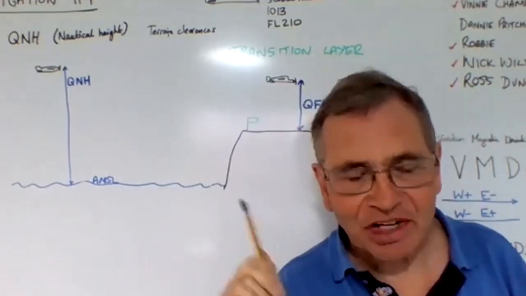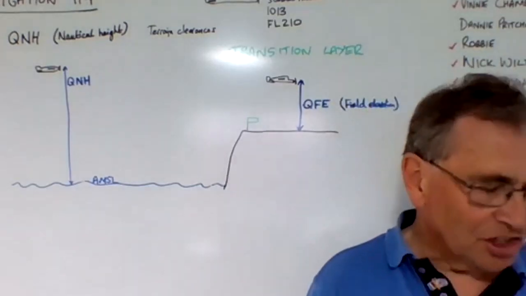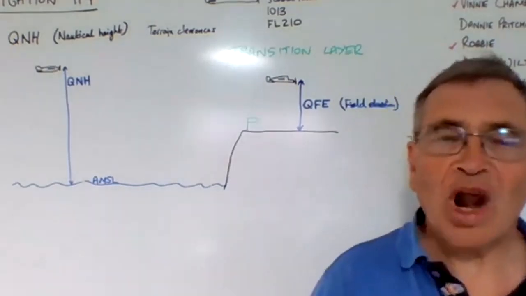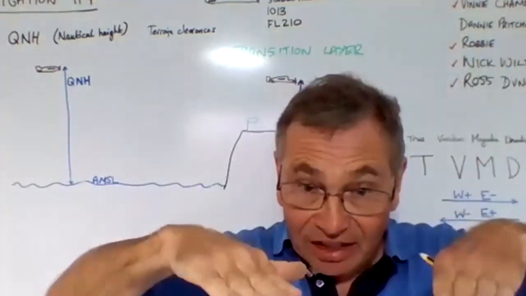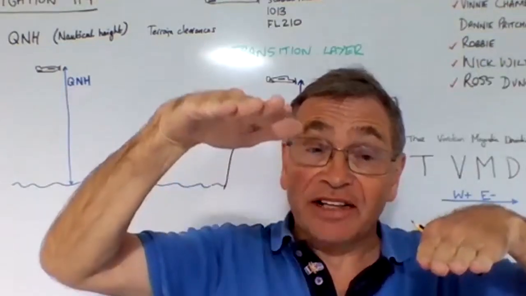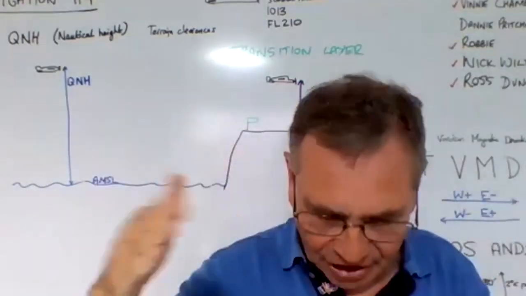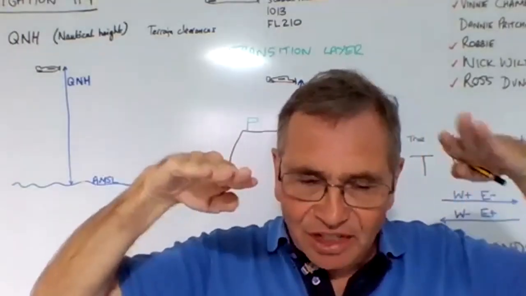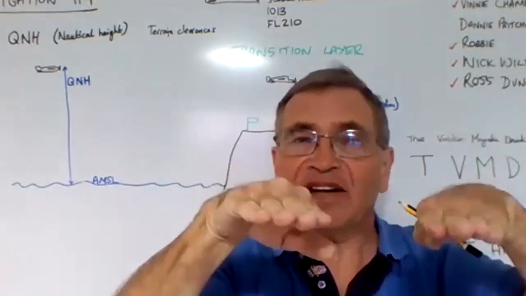It doesn't affect separation. And the reason it doesn't is because if you've got density errors and temperature errors, all the altimeters that are made all have the same error. So although they read the same QNH, as you fly different heights and the pressure isn't a linear change because the temperature change is not a linear change, it doesn't matter, because two planes at 8,000 feet are still going to both be reading 8,000 feet.